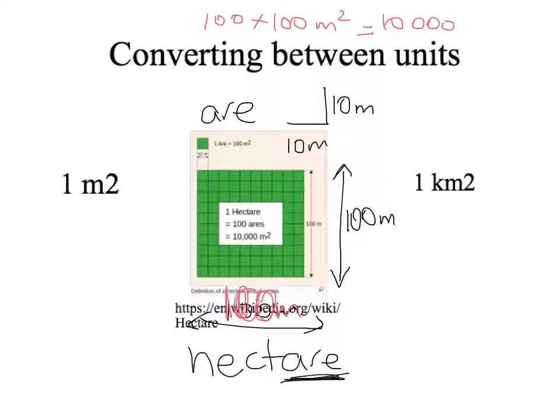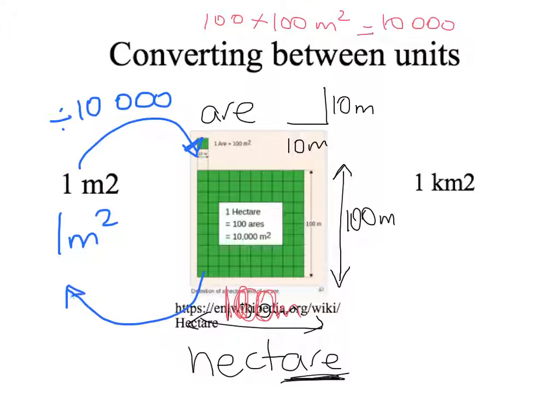If I want to convert from metres squared to hectares, here's how I do it. I divide by 10,000. If I want to go in this direction, from 1 hectare to 1 metre squared, I multiply by 10,000.